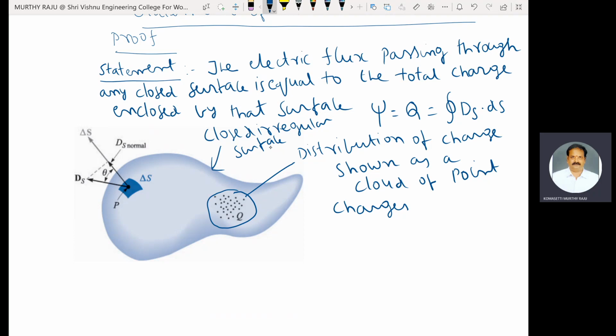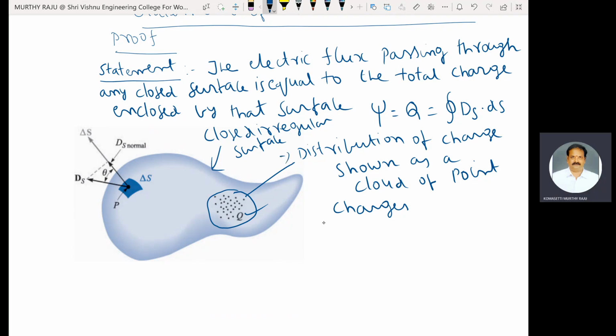This is the closed irregular surface, or closed surface of any shape. If the total charge is Q coulombs, then Q coulombs of electric flux will pass through the enclosing surface.